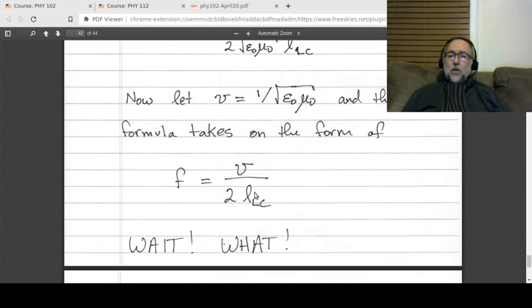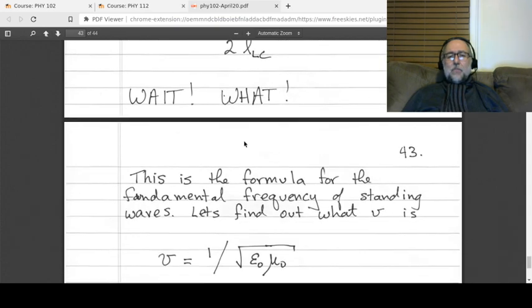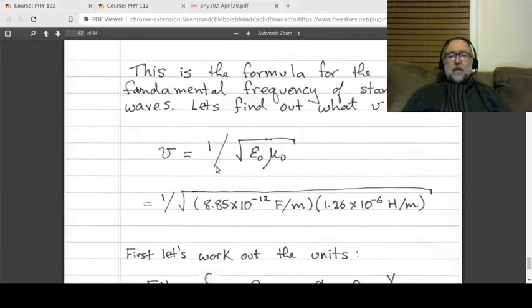Okay, and at this point you go, well, okay, that characteristic length of the LC circuit, that's kind of like all the geometry of the capacitor and the inductor lumped into one thing. Okay, there it is. But what's this V? Well, the V was equal to this, and let's plug in the numbers here. V is equal to 1 over the square root of epsilon naught mu naught.